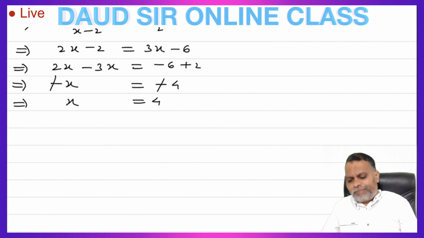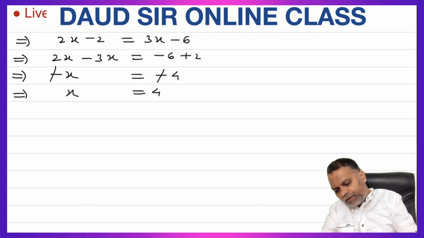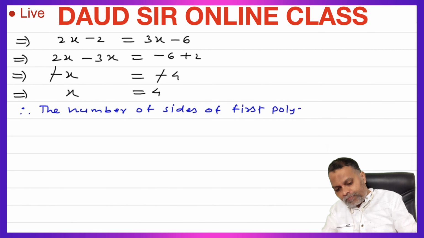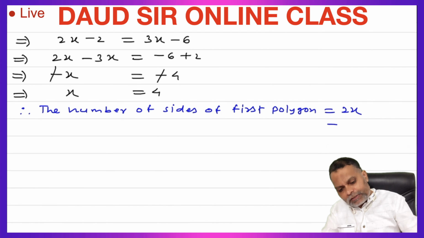Therefore, the number of sides of first polygon is equal to 2x is equal to 2 into 4, that is 8.